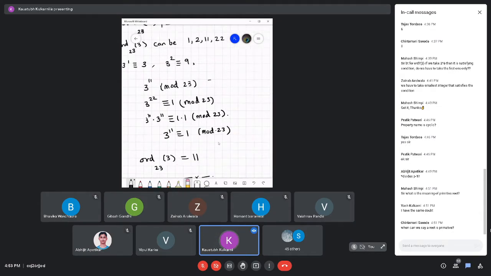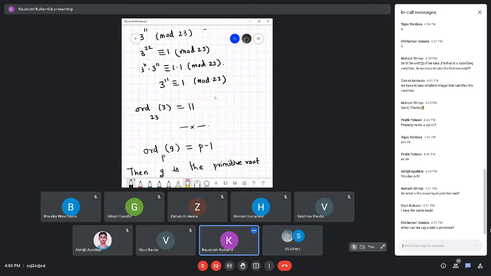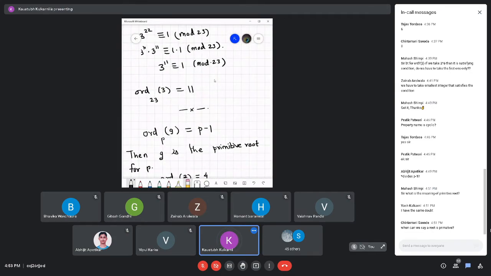Up till this point, we had order. So order of G mod P. For A, what we had was order of A mod P divides P minus 1. Divides P minus 1 means it can be equal to P minus 1, or it can be one of the factors of P minus 1.